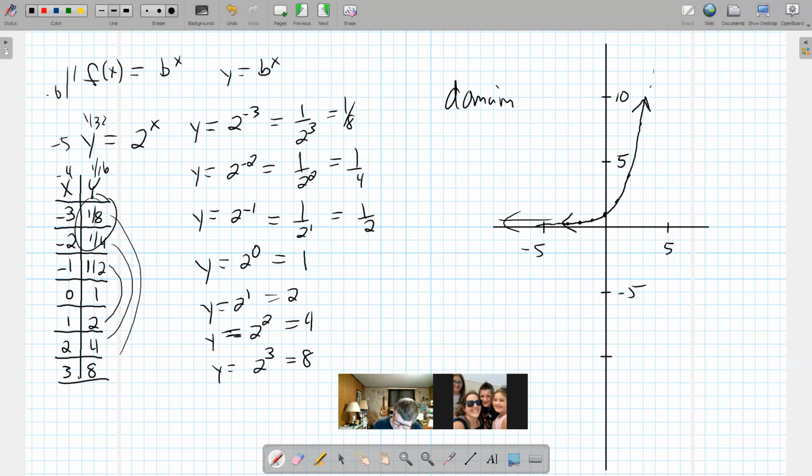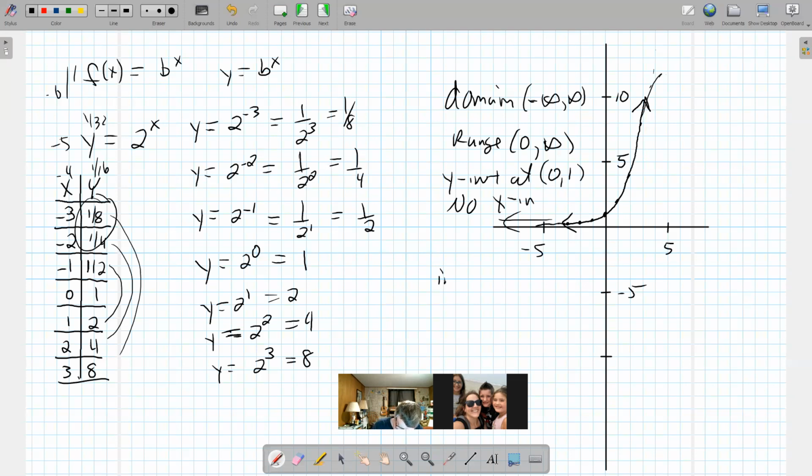Okay. The domain of this thing, let's see. This goes on forever in this direction. This goes up and over. So the domain would be all real numbers. The range would be what? Greater than 0 on up to infinity. And it would have a y-intercept at 0, 1, and no x-intercepts.